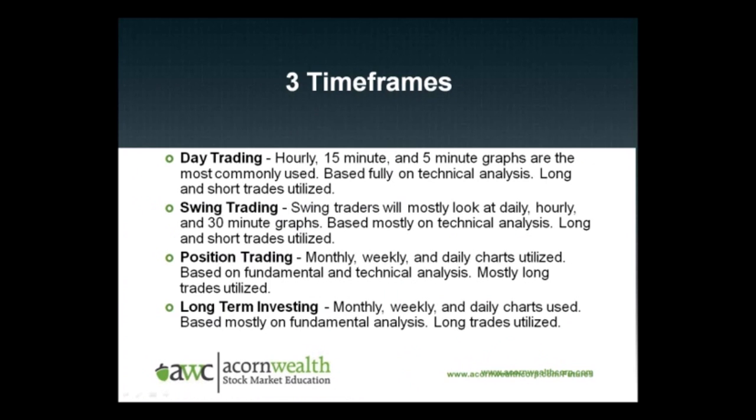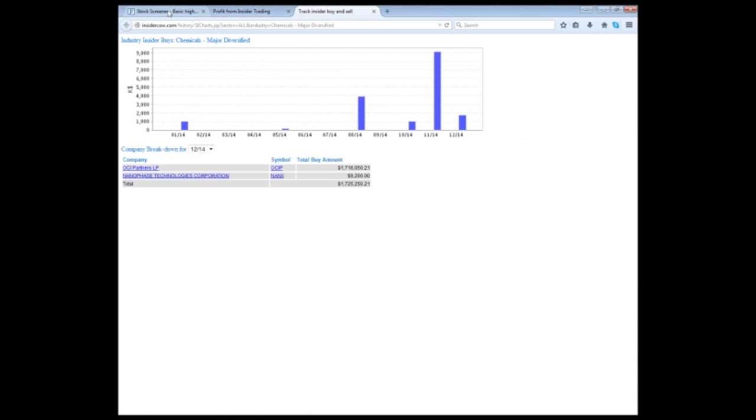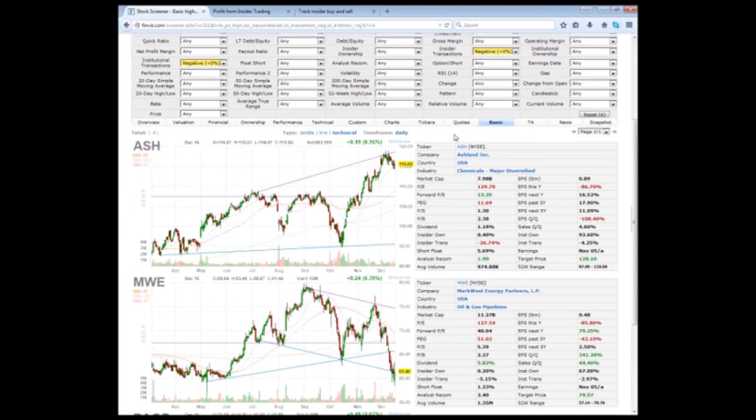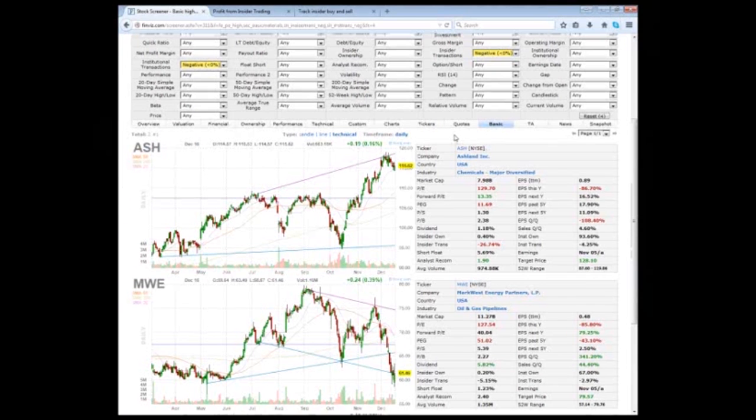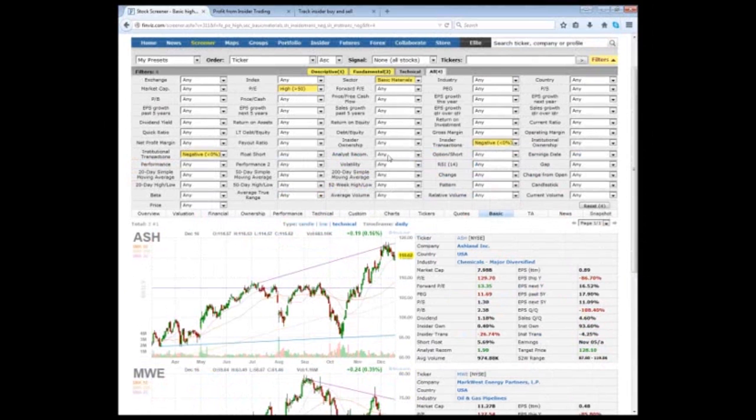Now, to look for these, we can actually go back to Finviz. And if we bring up the screener, what we may also do is change now from a condition-focused scan to a pattern-based scan.